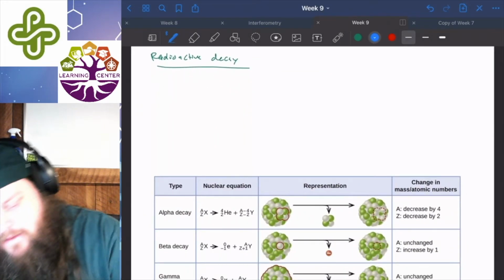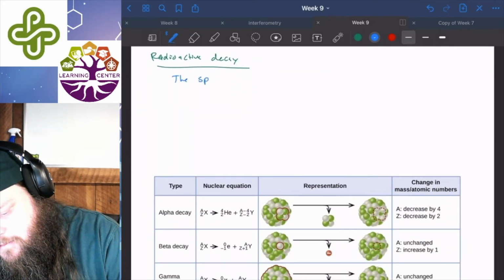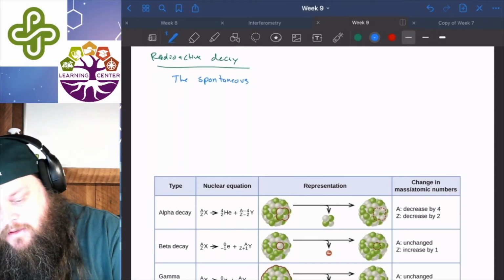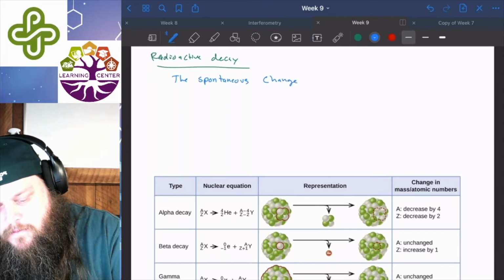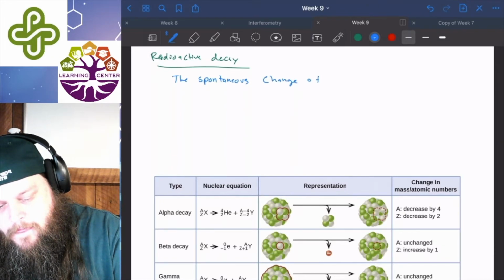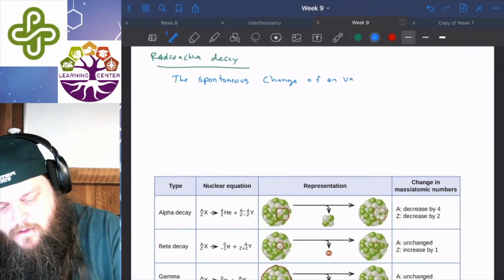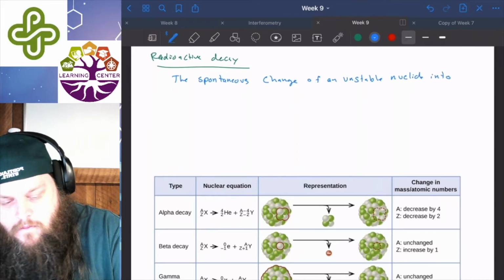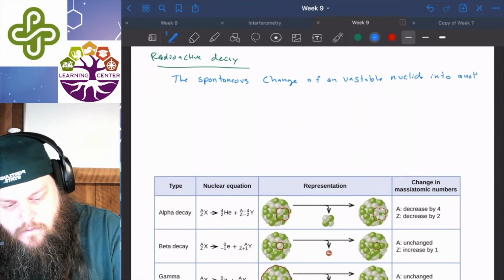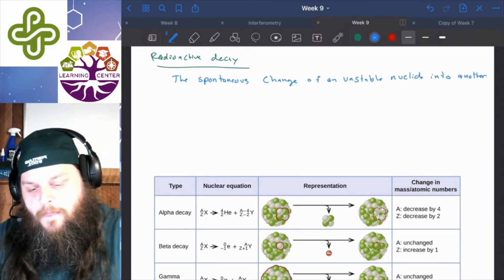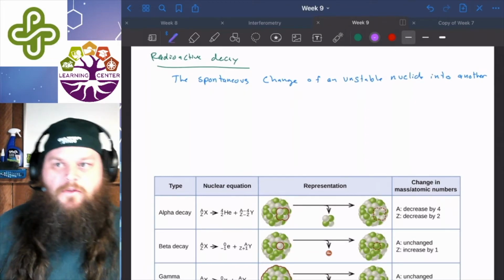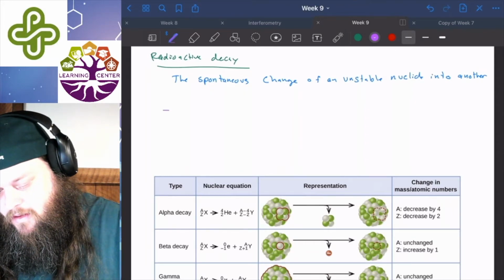And there's some terminology for these. We call the initial unstable nuclide the parent nuclide.